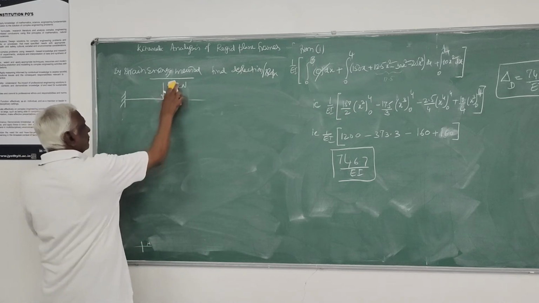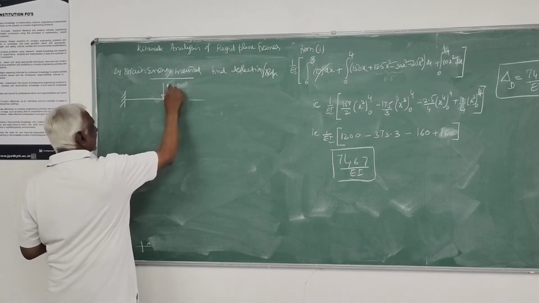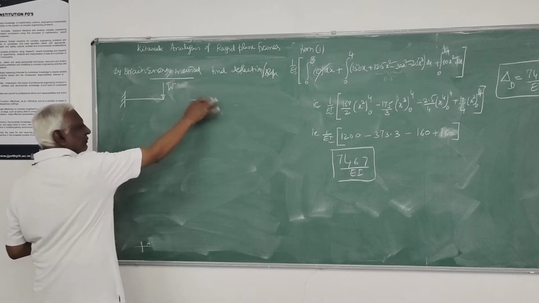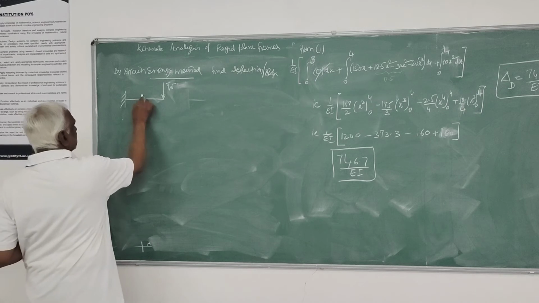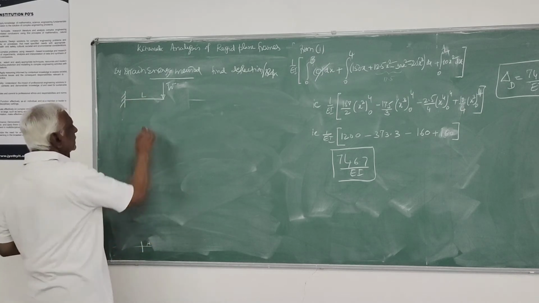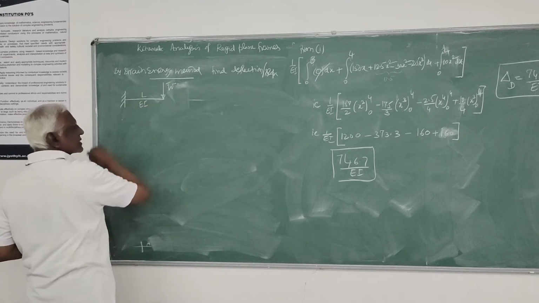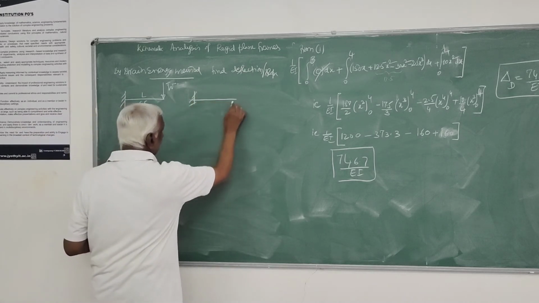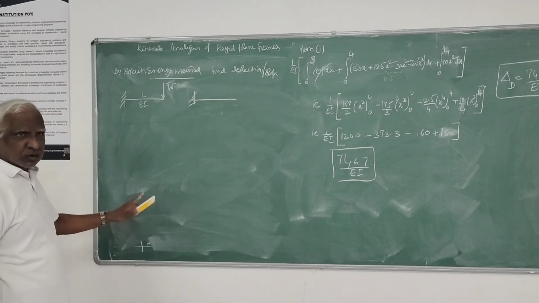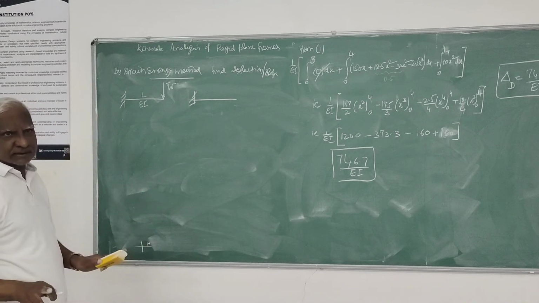It may be W load, or anything, so you can put any numerical value. Span L, EI constant. Then you cannot have UDL, I told. Either a concentrated load and deflection in the direction of the load.